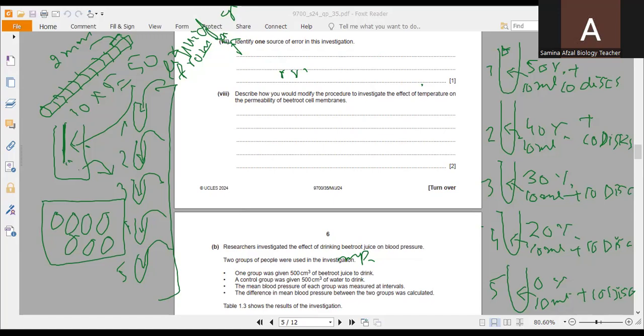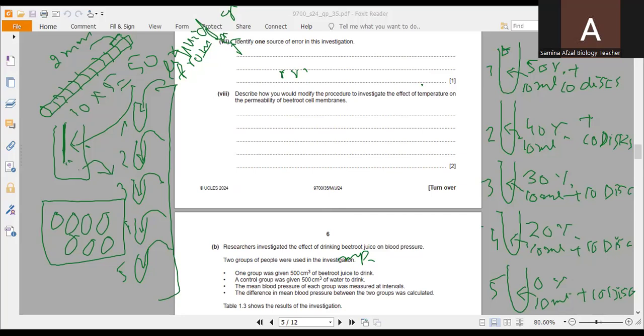When we perform this experiment at different temperatures, the color intensity will be different with the same concentrations. So here we can set up multiple temperature baths instead of just one temperature, as we were taking 30 degrees centigrade in the previous experiment.